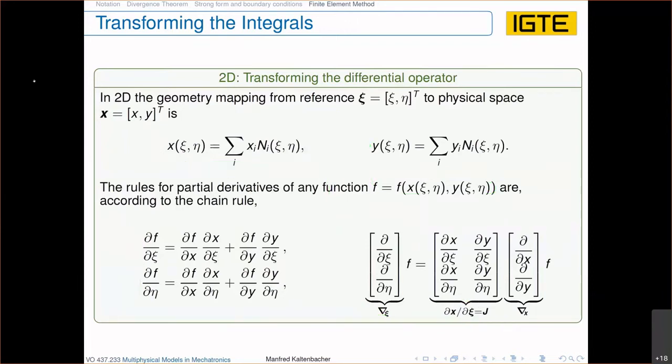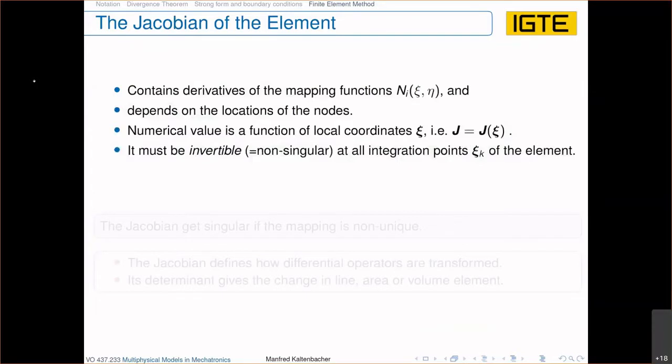Okay, so that means we have now all our building steps. The very important thing is that we have our basis function as a function of the local coordinates, and we can now compute this Jacobi matrix, because it is nothing else than the derivatives of the global coordinates, which can be expressed by the local coordinates, with respect to the local coordinates.